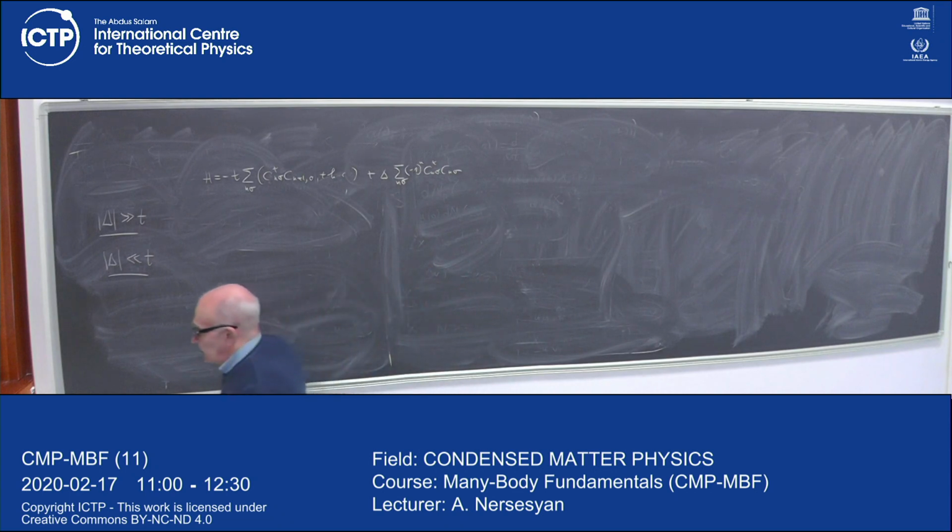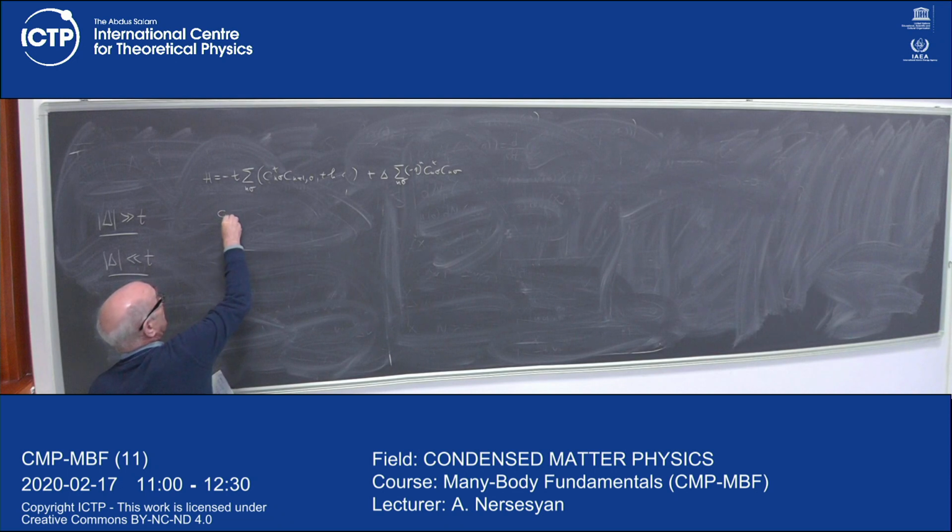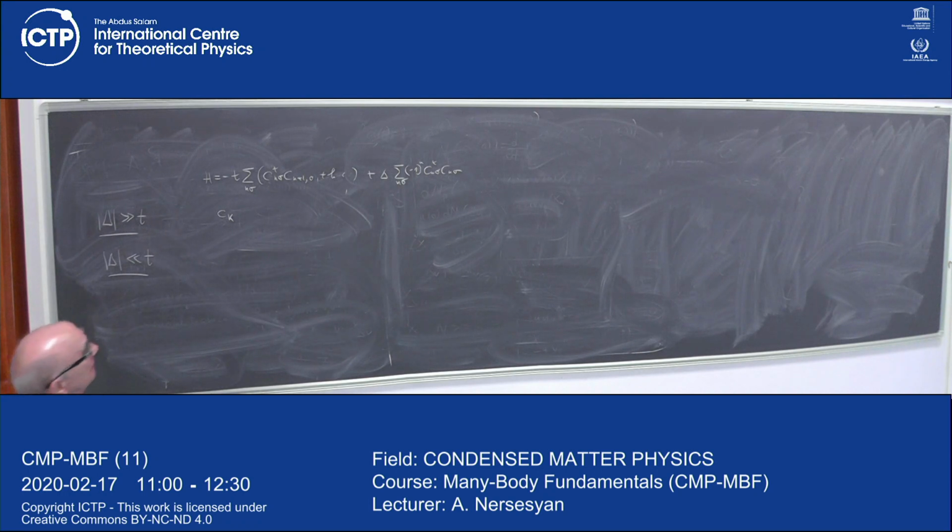What we did, we passed to the momentum representation. Then we said that if we have c_k, which is the Fourier transform of this c_{n sigma} operator, I don't write sigma. The spin plays a very passive role, so this is why I'm not paying much attention to it here, at least.